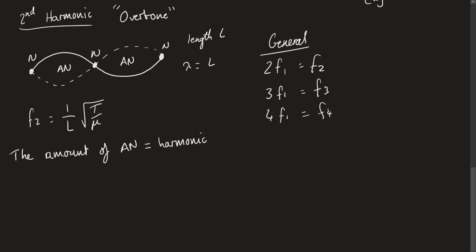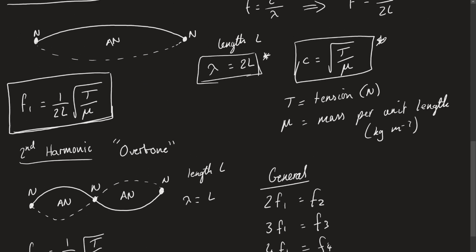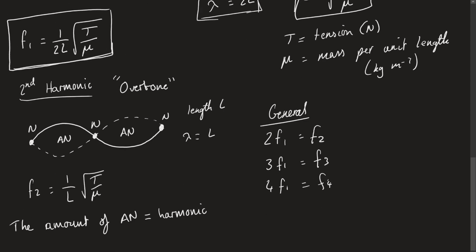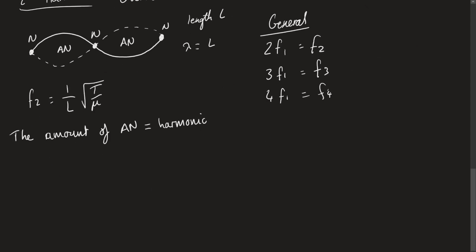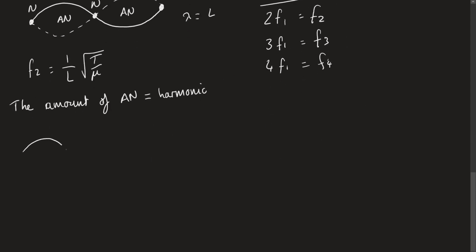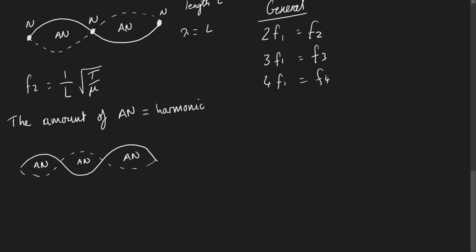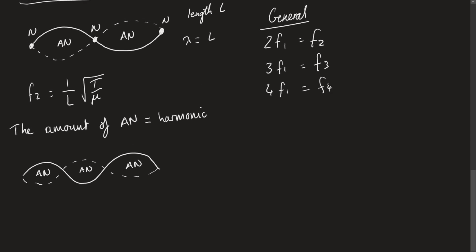If you'll notice, the first harmonic up here has 1 antinode, the second harmonic has 2 antinodes, and the third harmonic is therefore going to look like this, because it then has 3 antinodes, and so on.